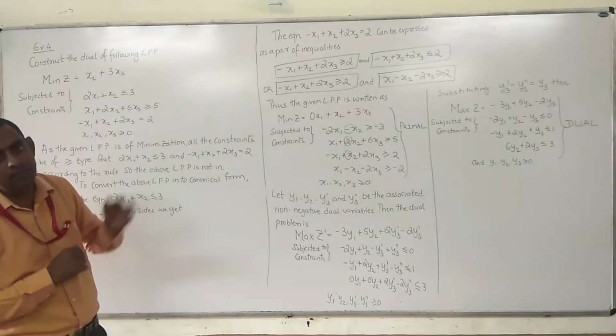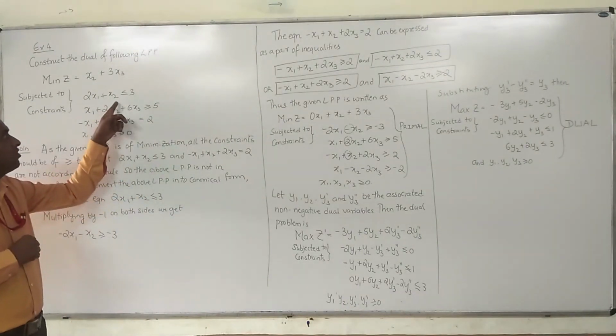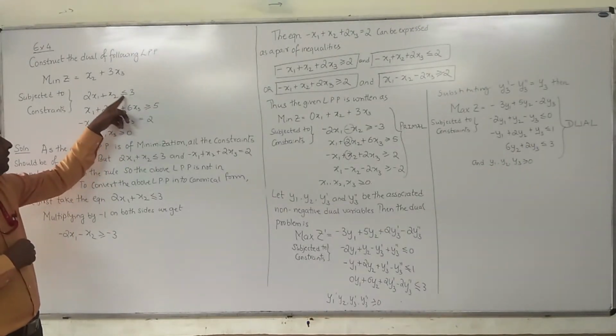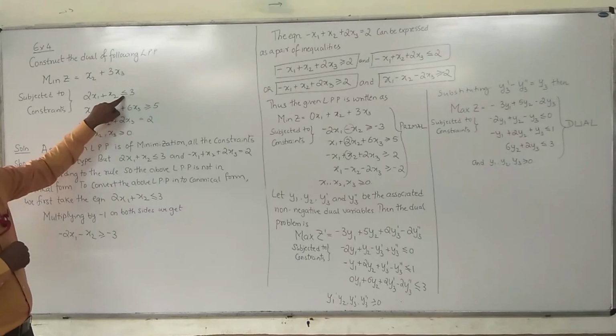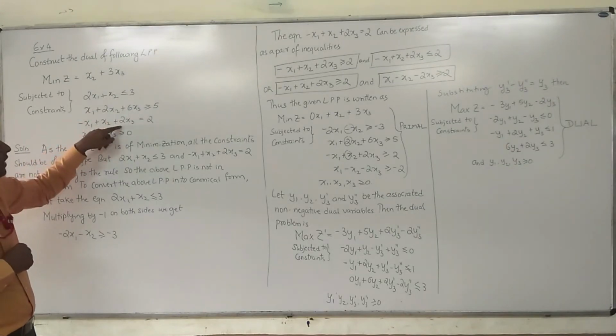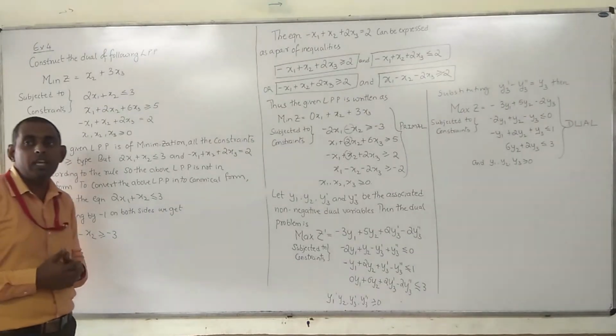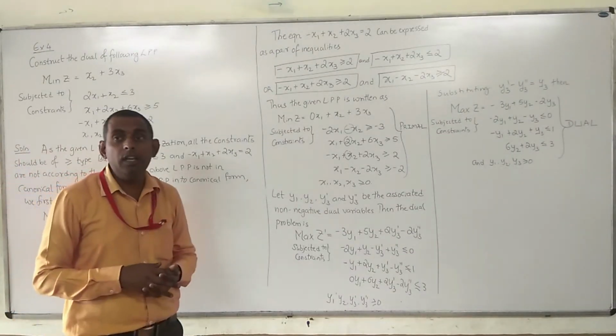But here in this case, one constraint is less than or equal to type, whereas the third constraint is equal to type. That's why the given LPP is not in canonical form.